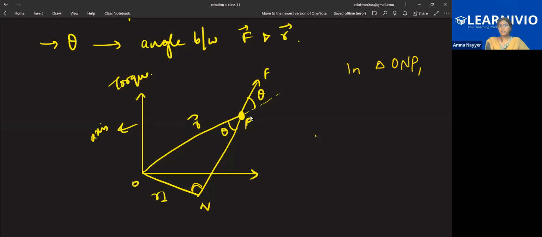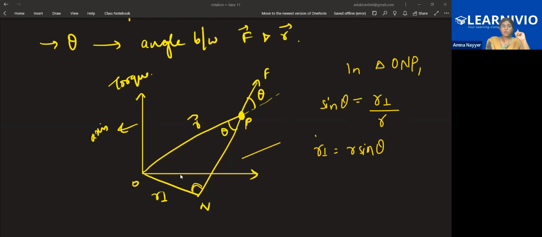In triangle ONP, if I write what is sine theta, this is R perpendicular, which we have taken, so this will be equal to R perpendicular divided by R, right? So what is R perpendicular equal to? R sine theta.